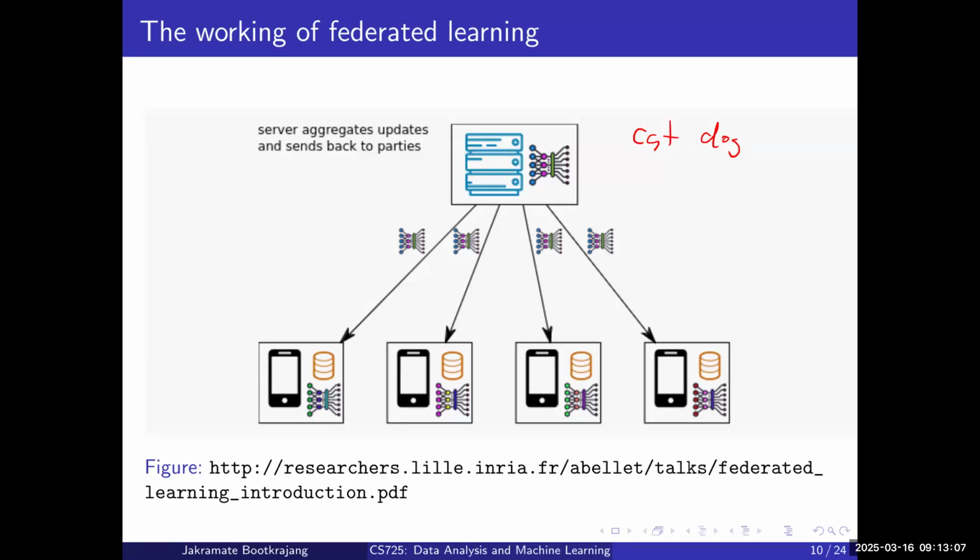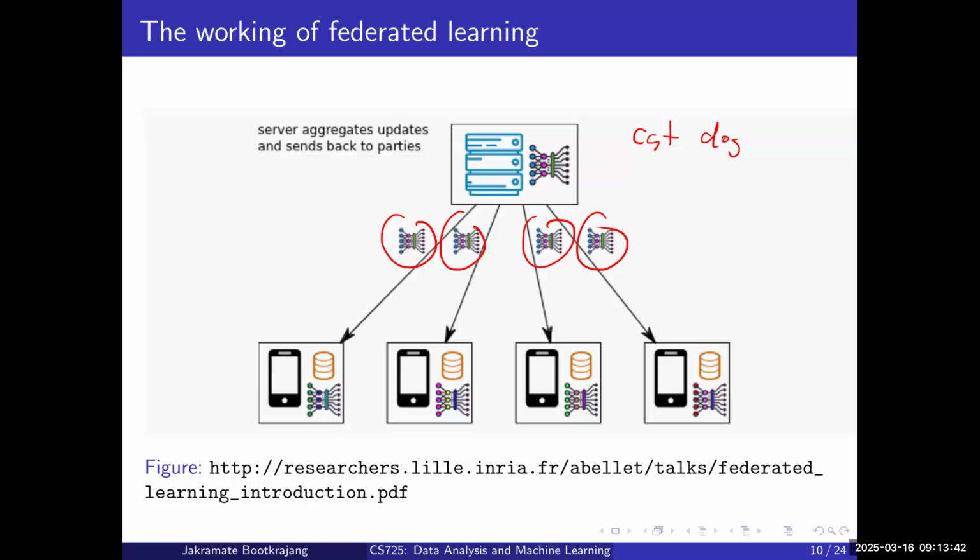The second client would have a dog as a pet, so they have more dogs. Each of these models will be good at classifying one of the two. So they have to find a way to combine all of this effort from each device that is trained. And after they combine, they send back the same combined model to the clients.